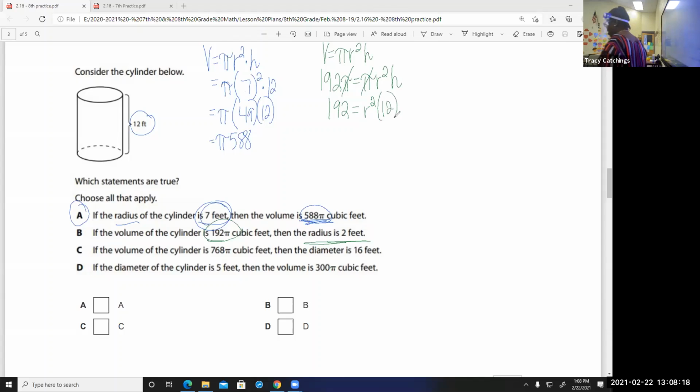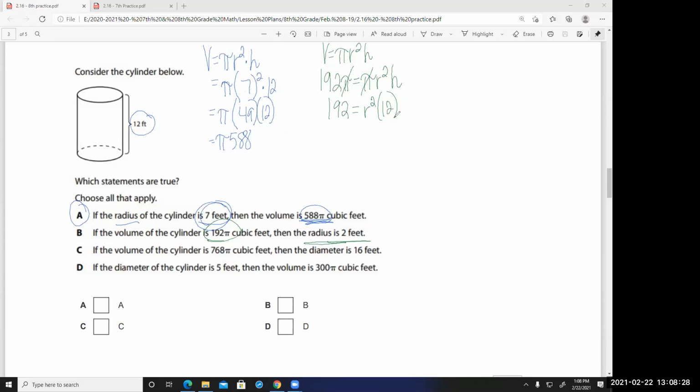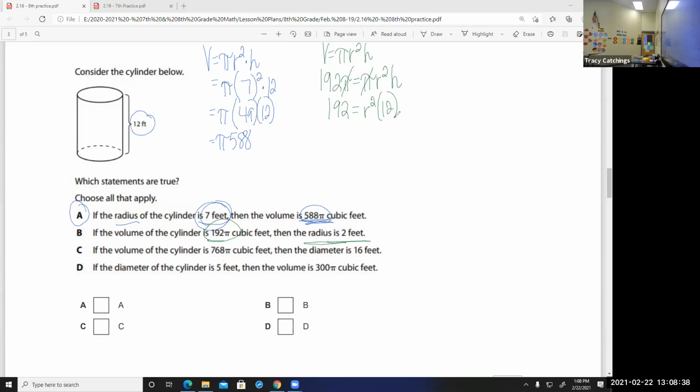How can I get that radius by itself? What's being done with that radius? They multiplied it, so what's the inverse? So divide both sides by 12.